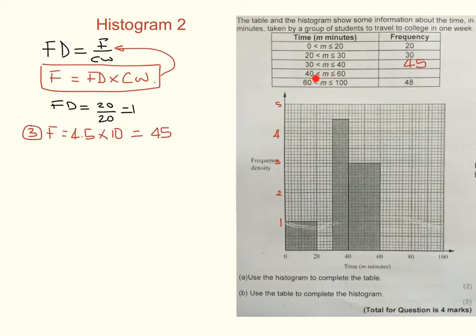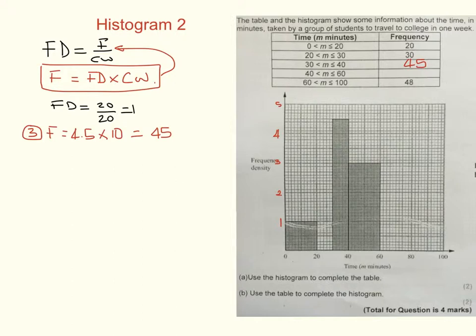We've also got 40 to 60, so this is a class width of 20 this time. Let's see if we have this bar. Yes, we do. 40 to 60. Yeah, that's the bar here, and this looks like it goes up to a frequency density of 3.